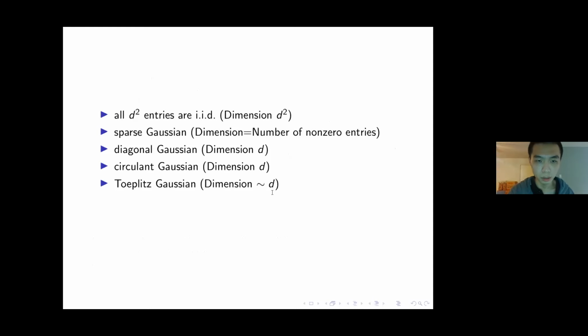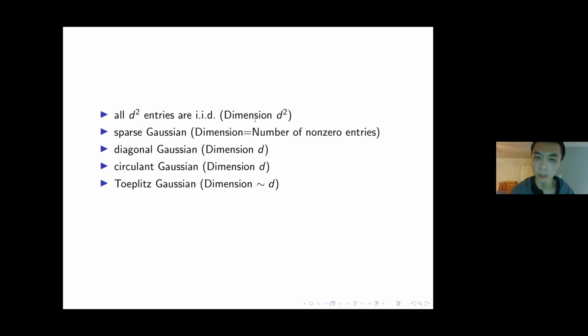Okay, and let's go back to some of the examples we did, the standard Gaussian on a subspace. If all the d-squared entries are IID, that's the standard Gaussian on the space of all d by d matrices. So that subspace is really the whole space, which has dimension d squared. For sparse Gaussian, where some designated entries are IID Gaussian and elsewhere are 0, the dimension is just the number of entries we allow to be IID Gaussian.